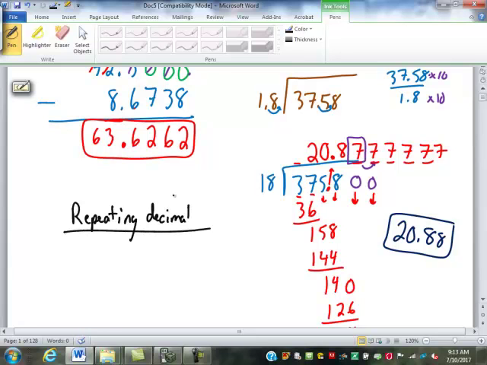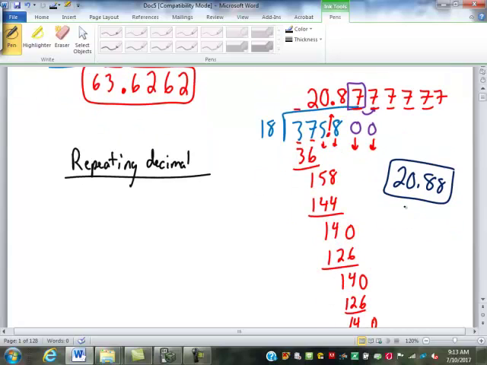A repeating decimal can be one number, or it can be several digits repeated over and over again. Here, that's just the 7 repeated over and over again. Now in this one I asked you to go to the nearest hundredth, so rounding it like we did here is the correct way to express that answer. But what if I said, give the exact answer?